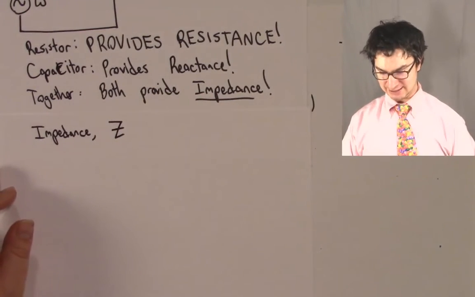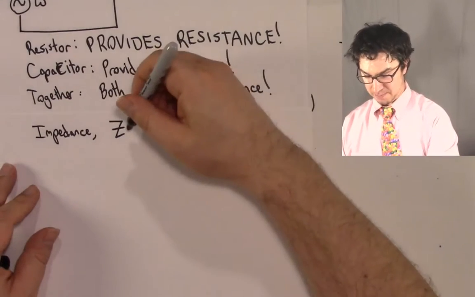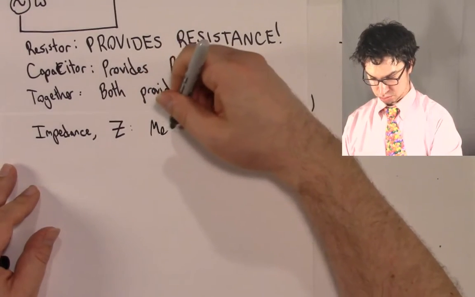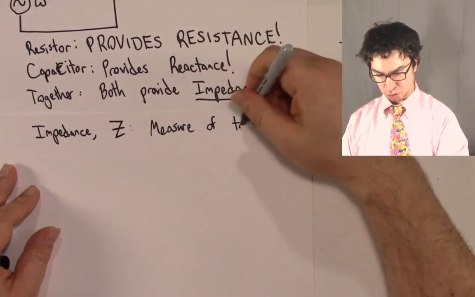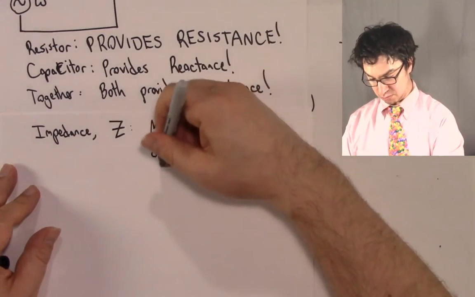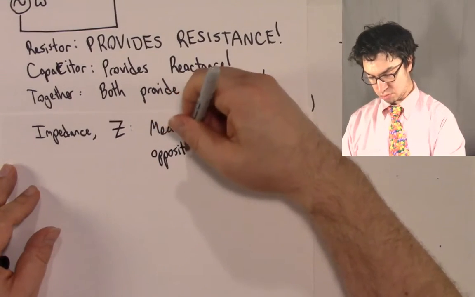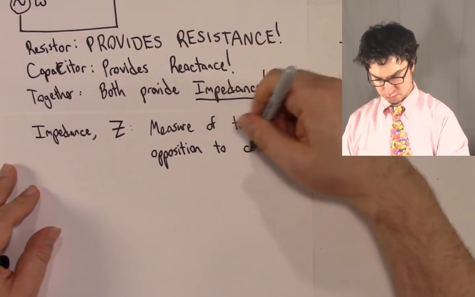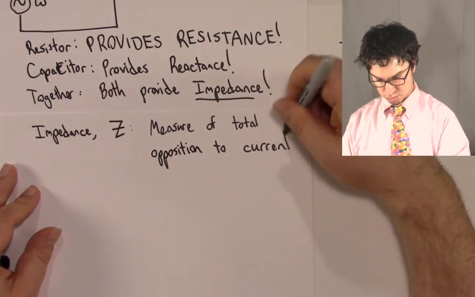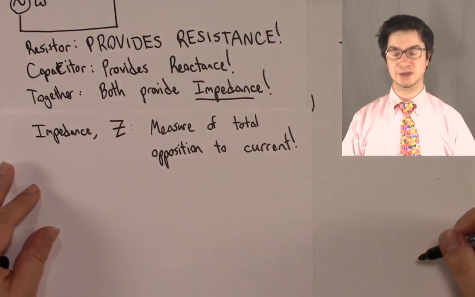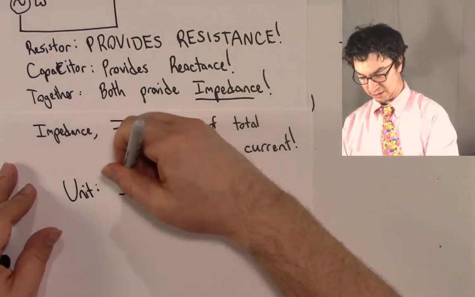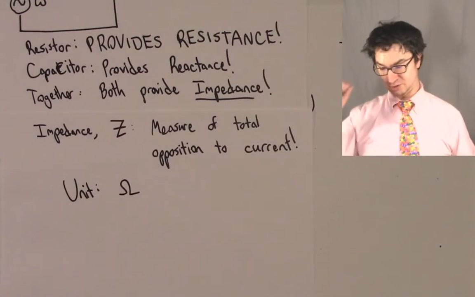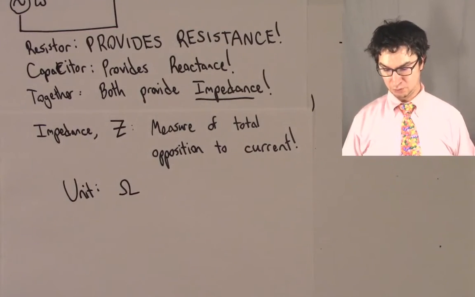The impedance Z is a measure of total opposition to current. And what do you think the unit is going to be? The unit is going to be the ohm, just like resistance and just like reactance.